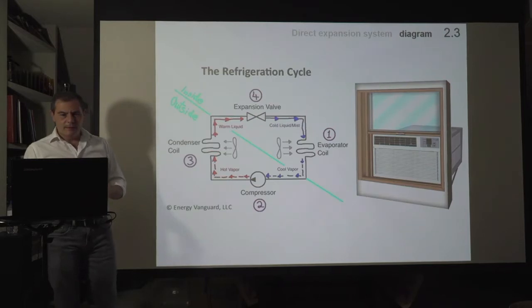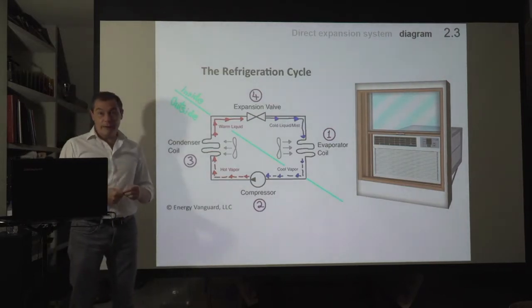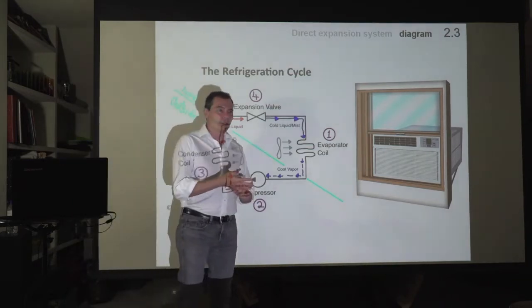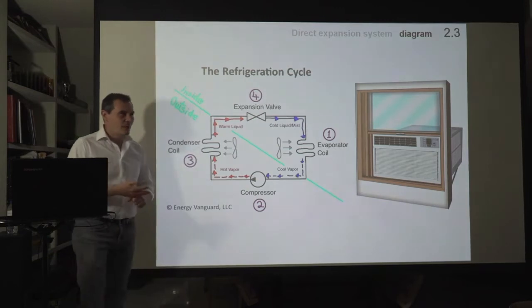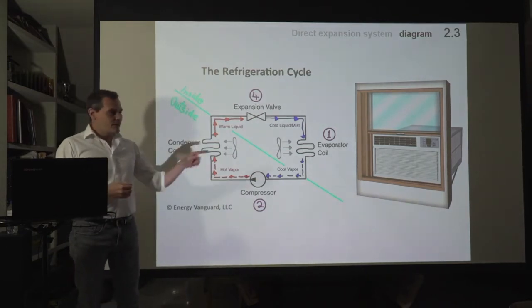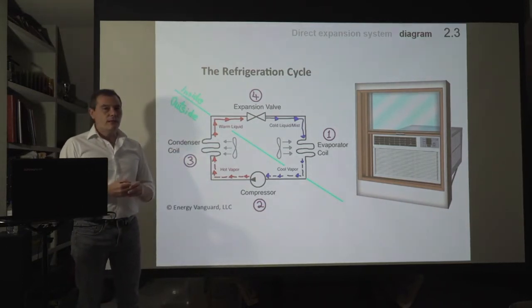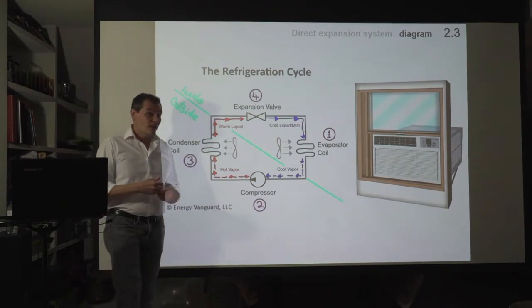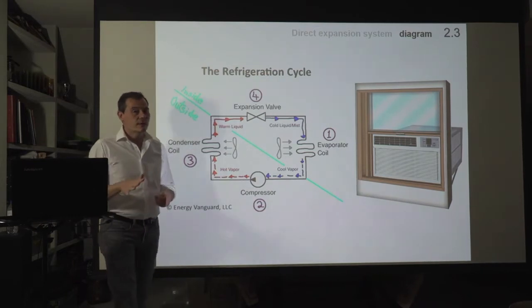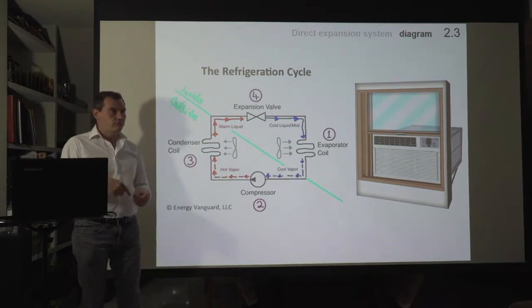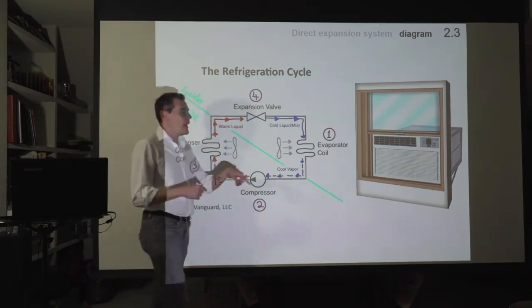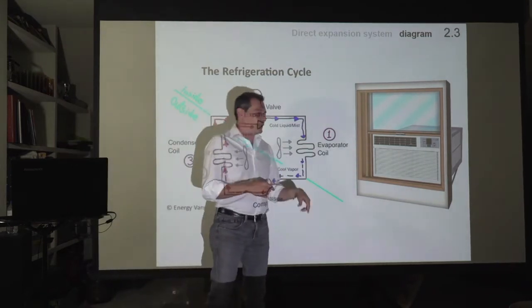The most simple air-to-air system is this. I'm sure that you have seen this many times, especially in old buildings. This is the first kind of air-to-air system that we had. So in buildings that were built or designed in the 50s or in the 60s, like 60, 70 years ago, they usually had these kind of elements.